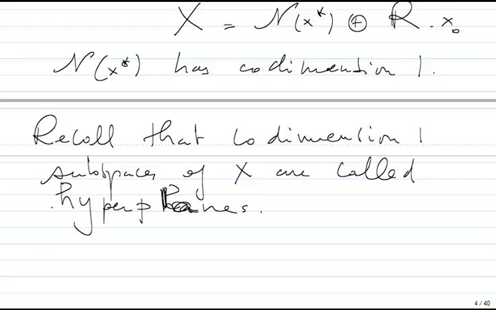Okay, so we have of course two concepts of hyperplanes. We have the hyperplanes which contain 0 and hyperplanes which do not contain 0. They are not subspaces, of course, if they don't contain 0. Okay, but they are what we call affine hyperplanes.